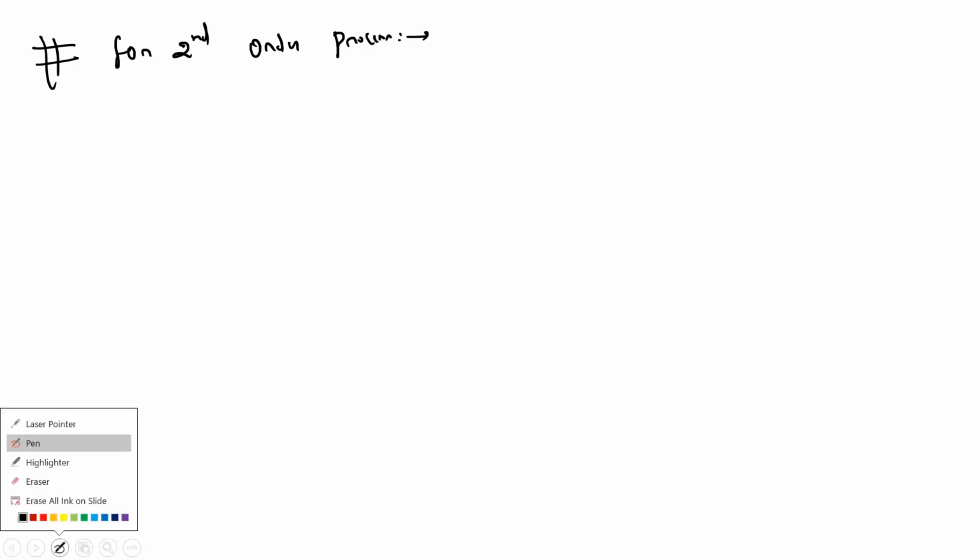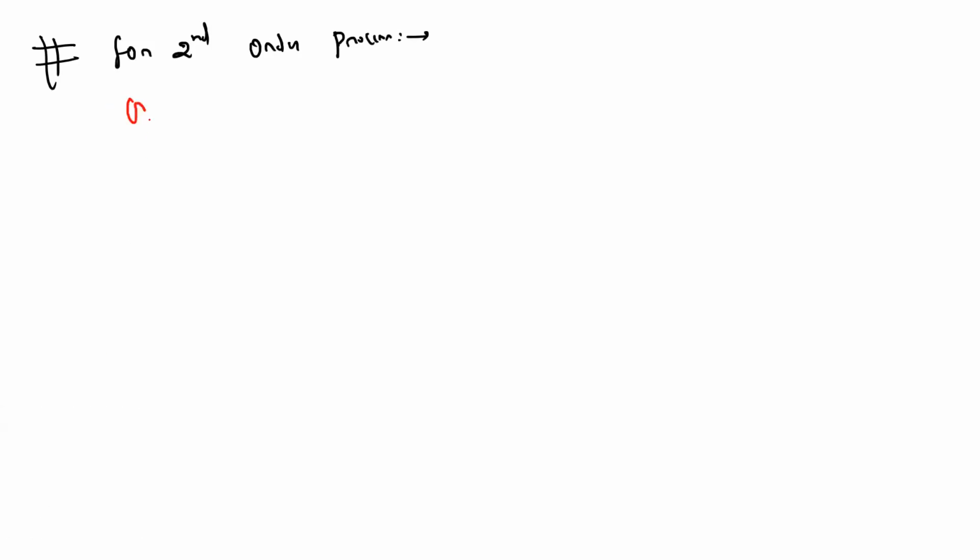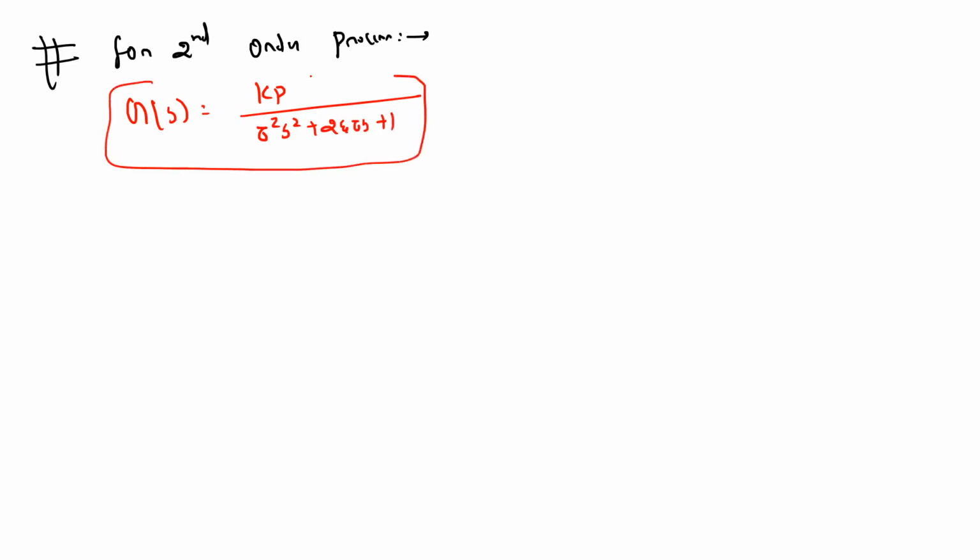Now, if I want to talk about second order process, what is your second order process? So can I write G(s) equals, let's say, Kp upon tau square s square plus 2 zeta tau s plus 1. So this one is your second order process.